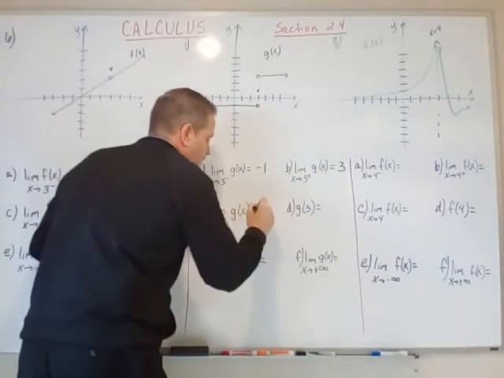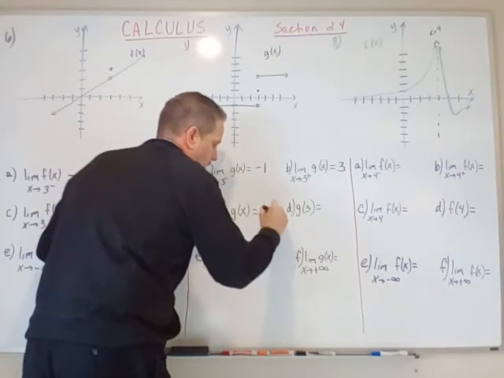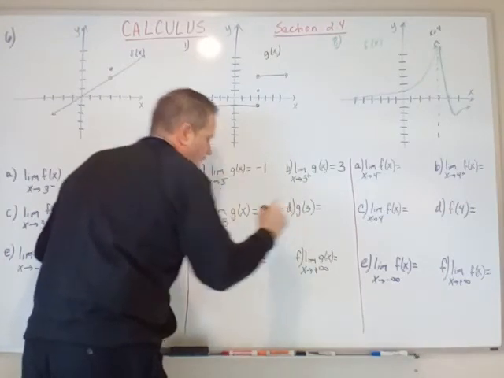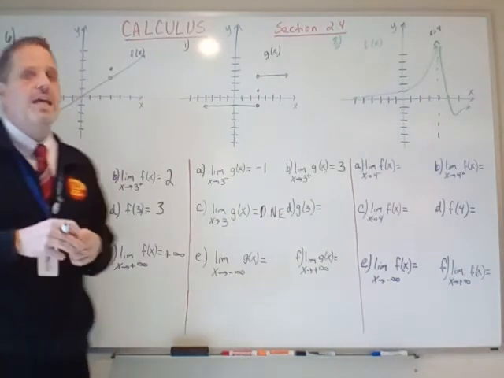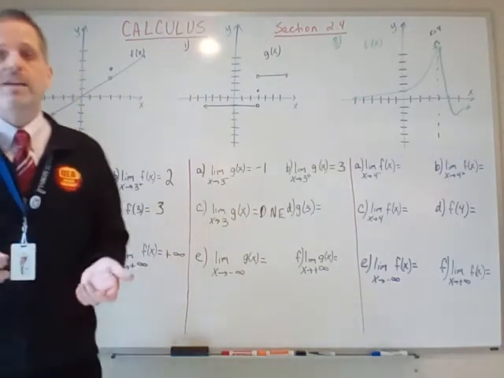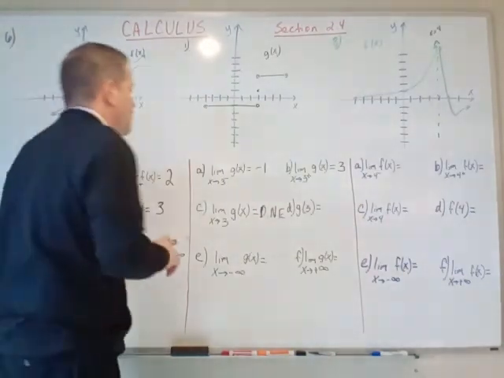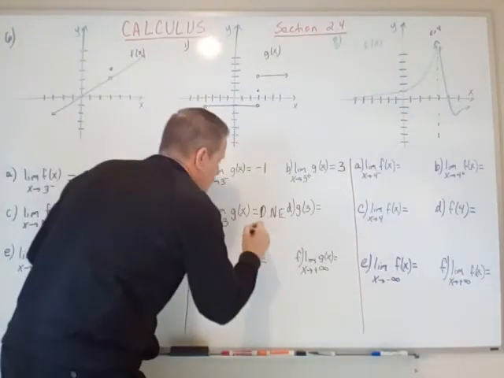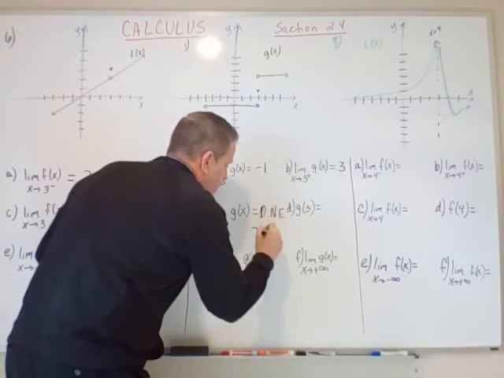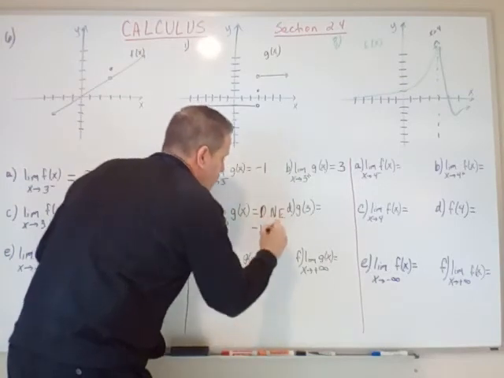I'll abbreviate that with DNE. Any time in calculus I write DNE, which stands for does not exist, I like to explain that to the best of my ability. So I've got a left side limit of -1, and I'm going to write that it does not equal 3.